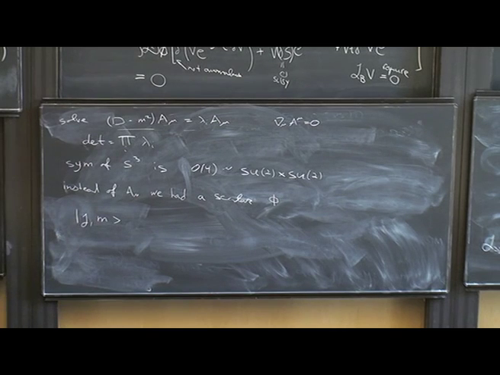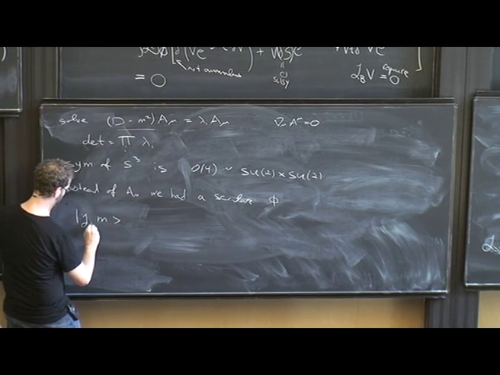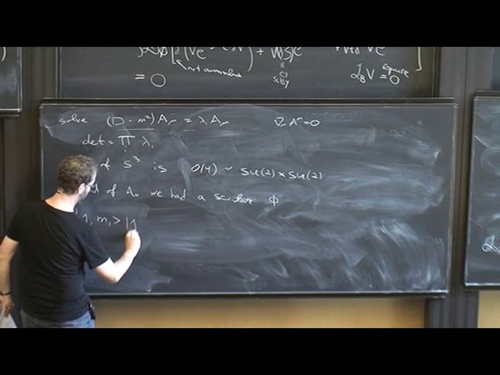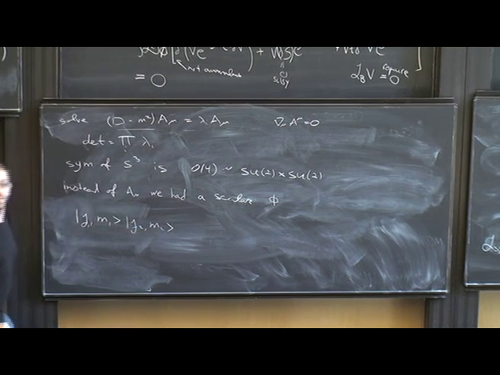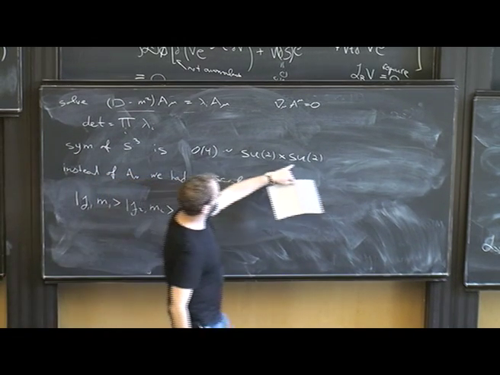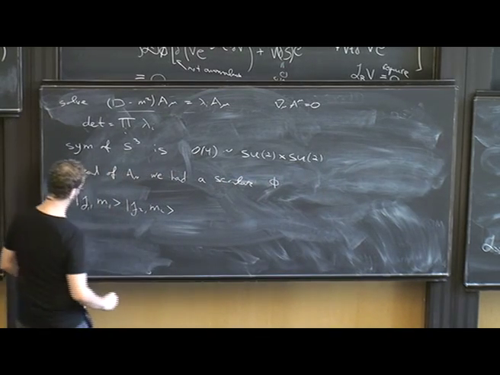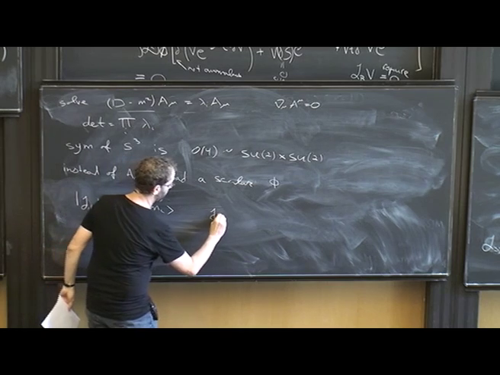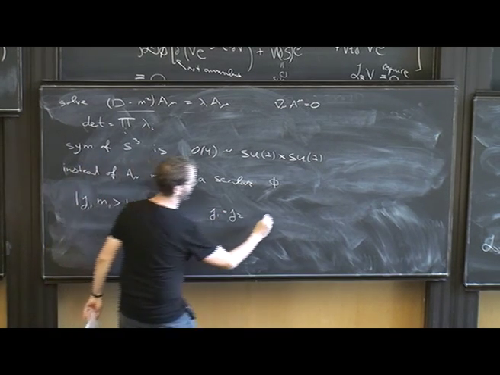Okay? So if we have two SU2s, we have J1 M1 and J2 M2. So that is if we have a general representation of SU2 cross SU2. But if it's a scalar, we have that J1 is equal to J2.